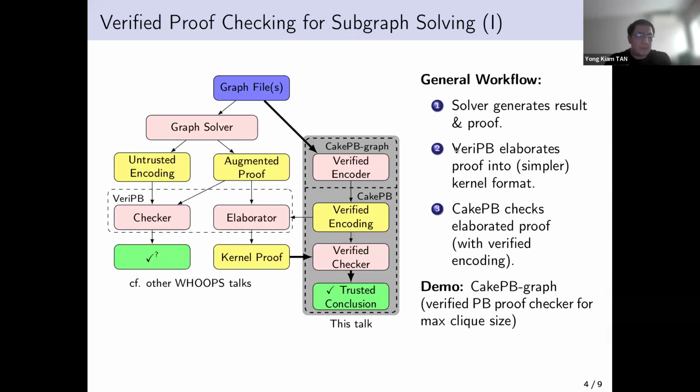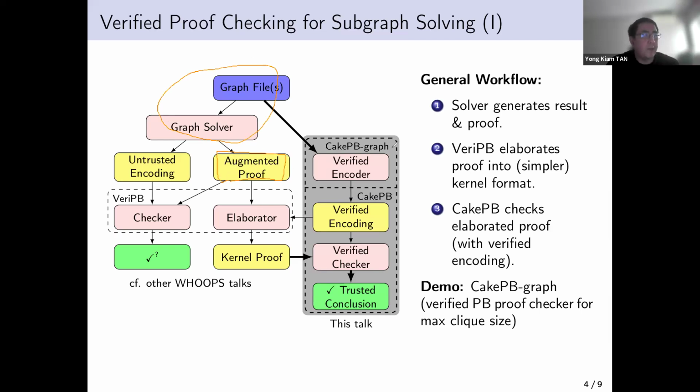Okay, so what is verified proof checking about? I'm going to be talking about verified proof checking for the graph solvers, which hopefully you've heard about yesterday. The general workflow looks something like this. You have some kind of untrusted graph solver, and it has been set up so that it not only solves the input graph problem, but also produces some kind of proof for that graph problem.